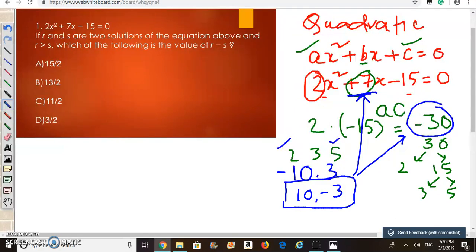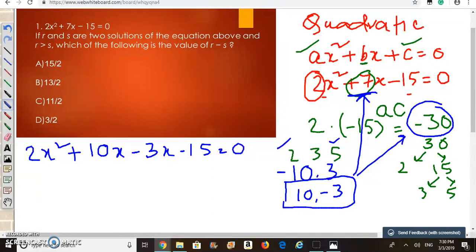So let us rewrite the original equation 2x square plus 7x minus 15 as 2x square plus 10x minus 3x minus 15 equals 0. Let us verify here. So the plus 10x and the negative 3x becomes plus 7x. So we have just rewritten the original equation.